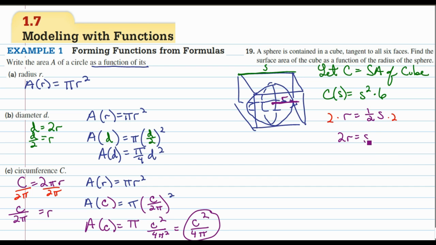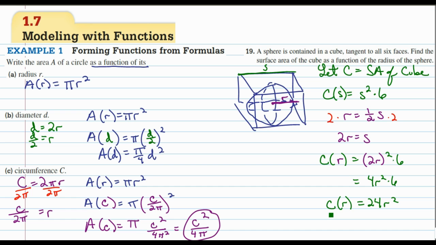So now I can plug in my formula for s and get the surface area of the cube as a function of the radius of the sphere. So instead of c of s, I'm now going to do c of r. And instead of s squared, I'm going to plug in the formula 2r squared times 6, which is really 4r squared times 6, so 24r squared.